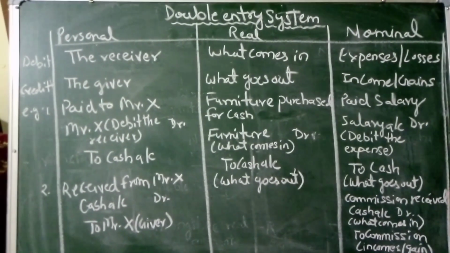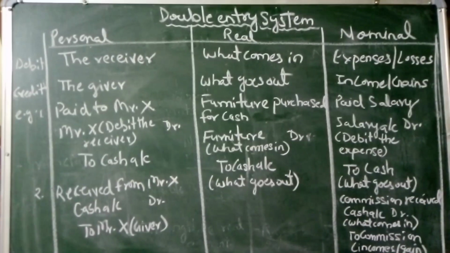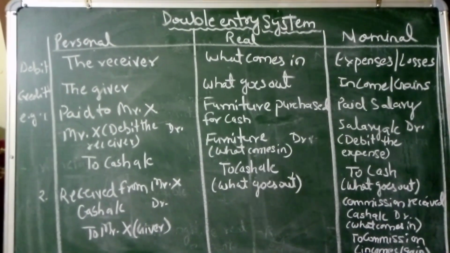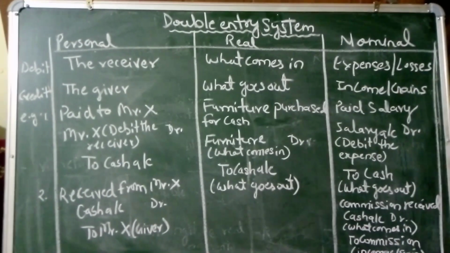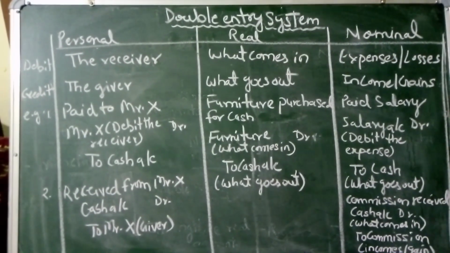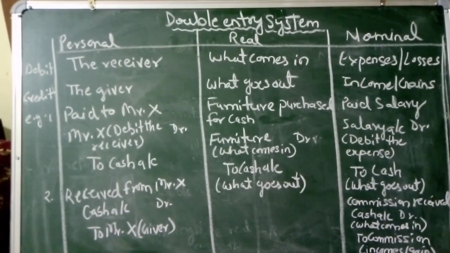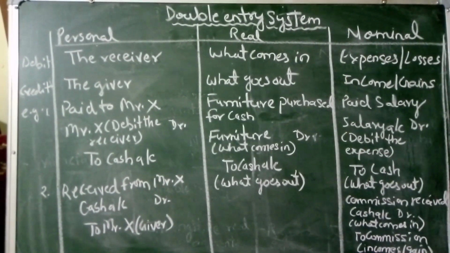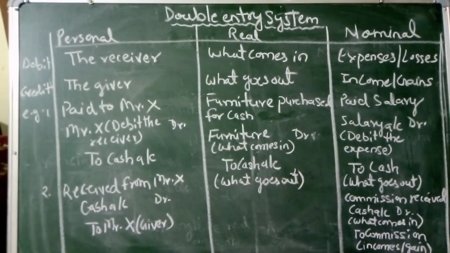Real account, we have gone through the examples earlier also, like assets and all comes: cash, furniture, machinery. In personal, it comes Mr. X or Ram, Shyam, Sony, person's names, and artificial persons or company's names can be written. And nominal, it is all about the expenses and incomes.